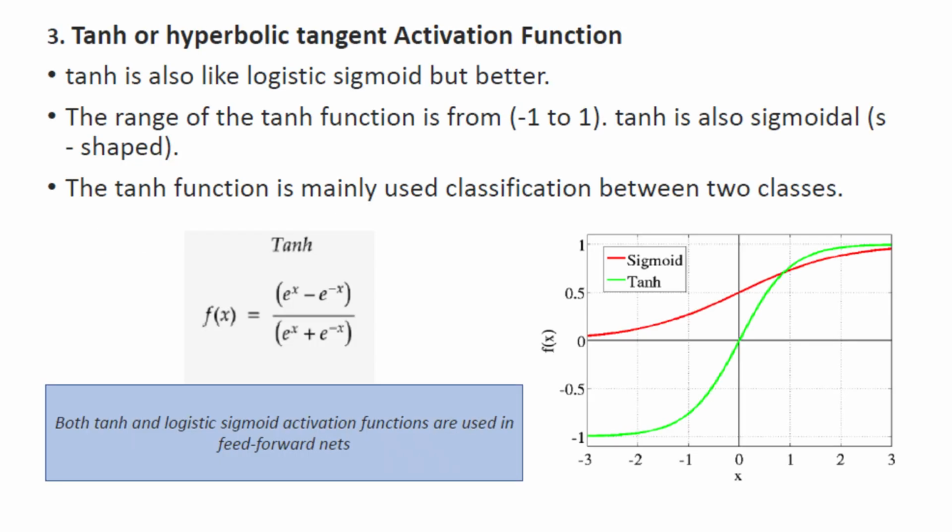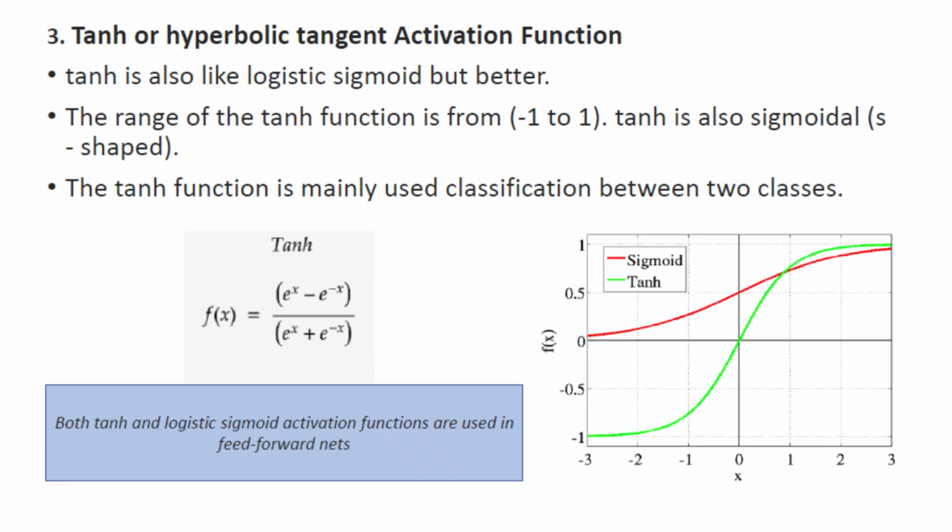Next activation function is tanh, or the hyperbolic tangent activation function. It is similar to the sigmoid function, but the only difference is that here the value ranges from -1 to 1. It is also sigmoidal in shape, so it gives more flexibility than the sigmoid function. The output can range from -1 to 1.